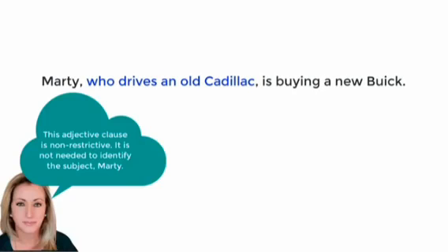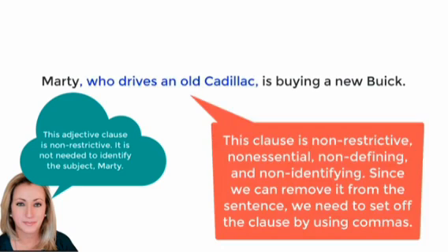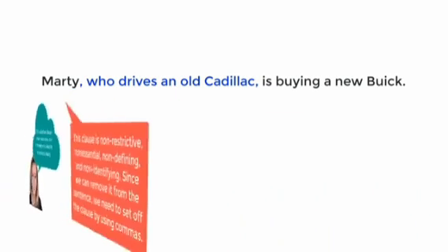Another example: Marty, who drives an old Cadillac, is buying a new bike. We can omit who drives an old Cadillac because it is non-essential, because Marty is already clear.